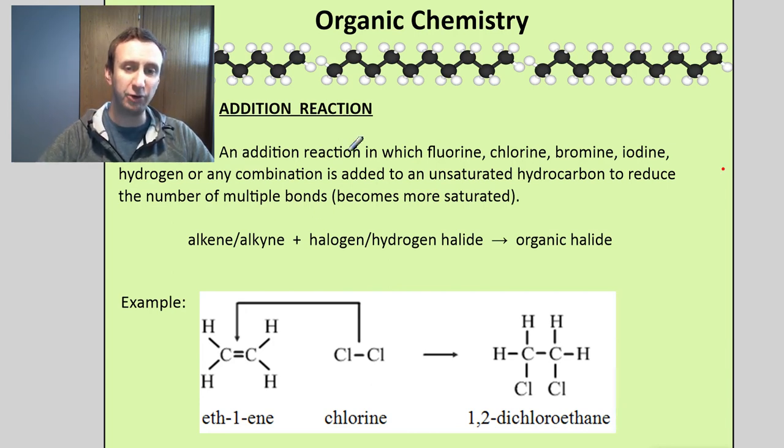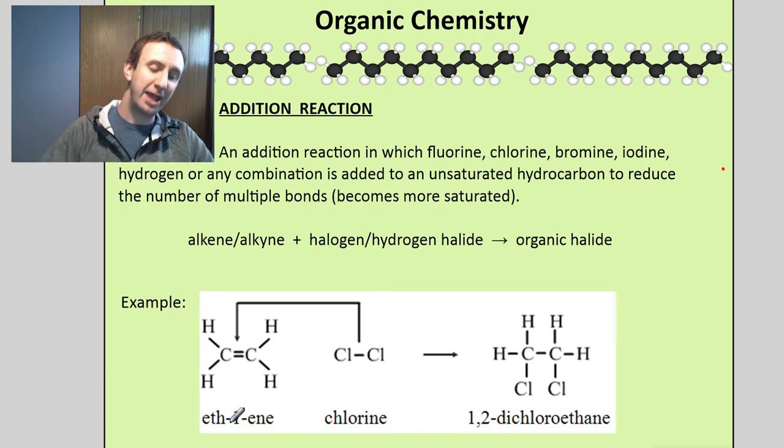So an addition reaction in which fluorine, chlorine, bromine, iodine, hydrogen, or any combination is added to an unsaturated hydrocarbon to reduce the number of multiple bonds. That's generally addition, but we're going to be adding halogens or hydrogen halides to alkenes or alkynes.